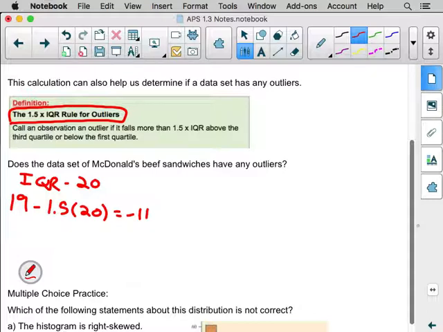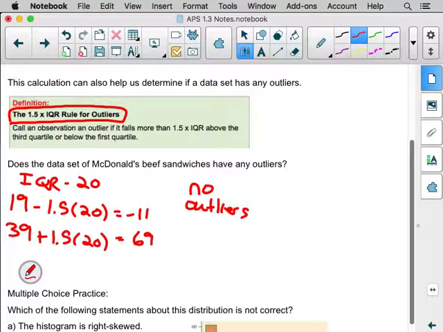Was Q3 39? So 39 plus 1.5 times 20 gives us 69. Again, is there anything above 69? Were there any data points above it? I don't think there should be. So this data set actually does not have any outliers.